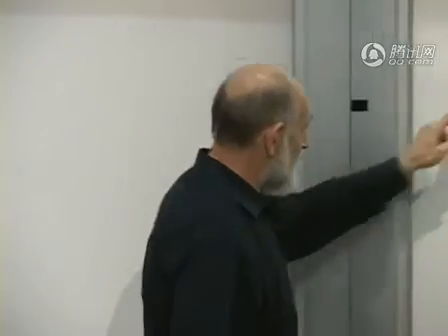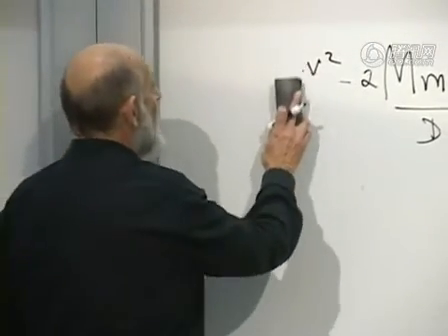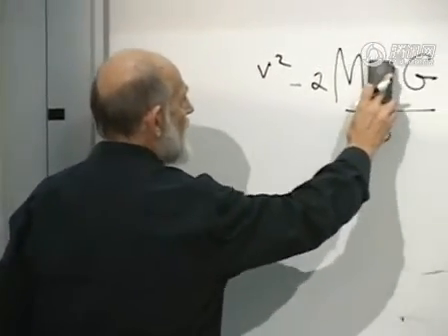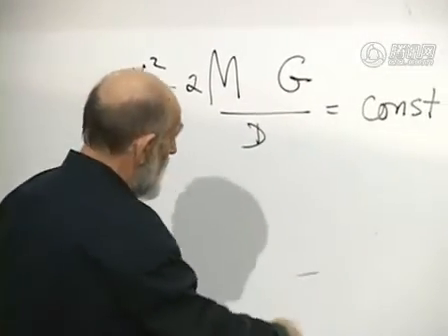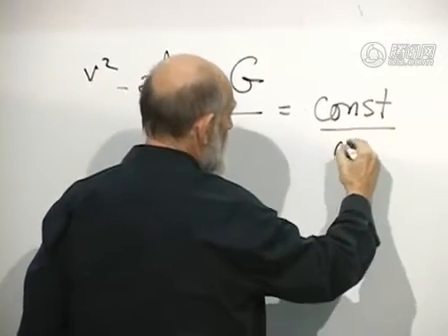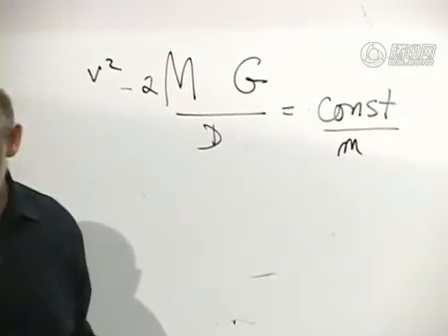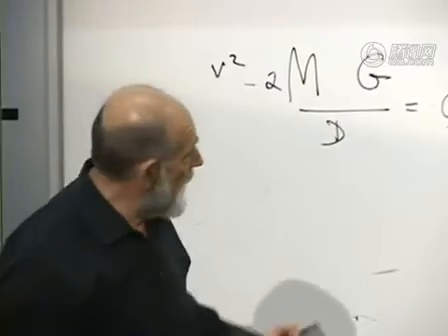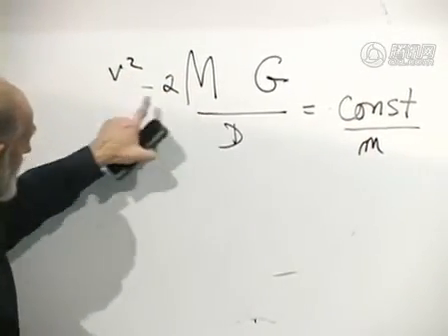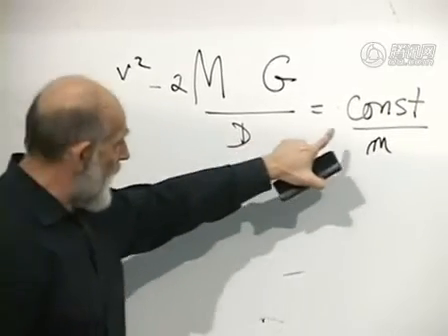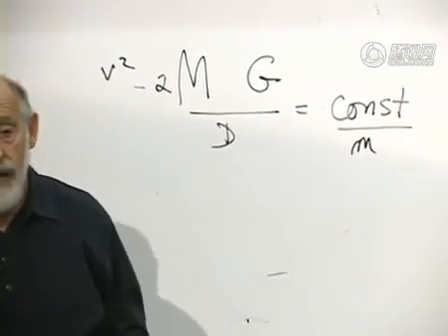Let's go back to this board, and let's divide by the mass of the projectile particle. The mass of the projectile particle is also a constant. That means the constant divided by m here. M appeared in both these terms here, and the right-hand side was just a constant. A constant meant constant with time.